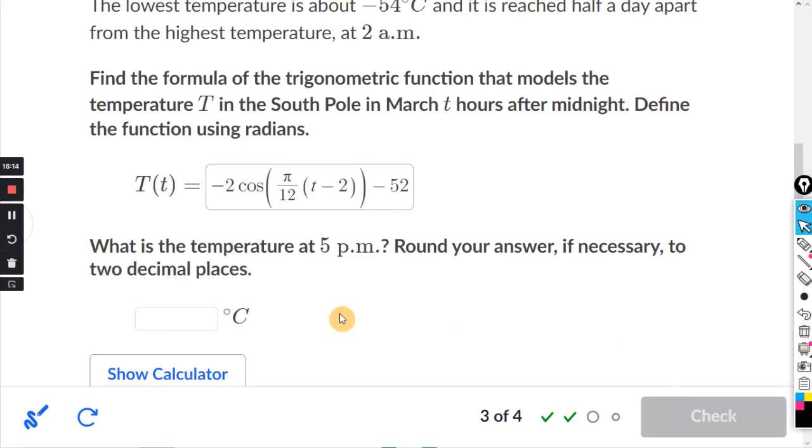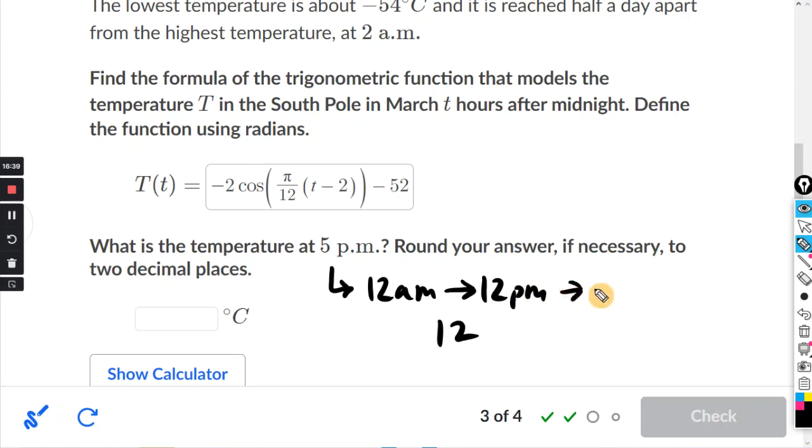Now, follow up. What is the temperature at 5 p.m., round to 2 decimal places? Okay, 5 p.m. is actually, we started at 12 a.m., midnight. Then if you go to 12 p.m., that's 12 hours.